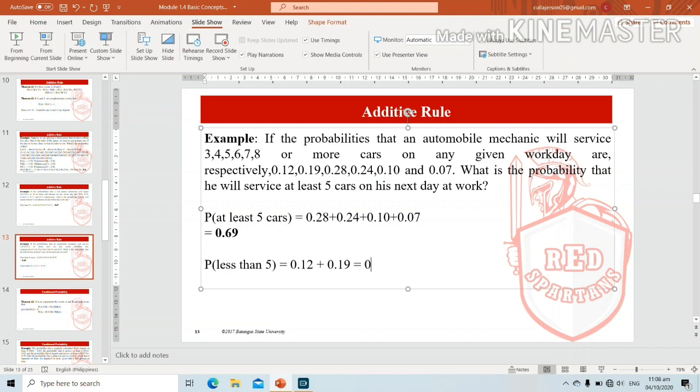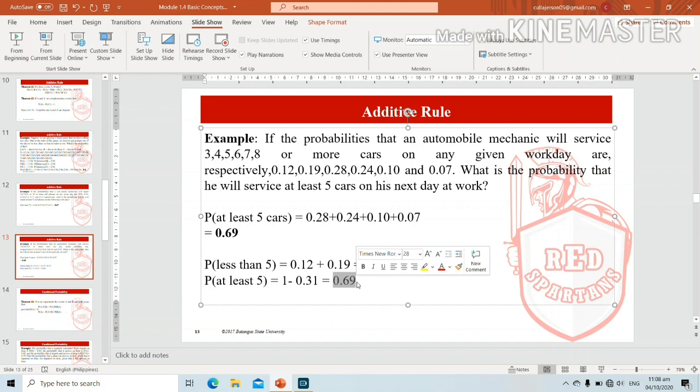So, equal yan sa 0.31. Then, kunin lang natin yung complement. Probability ng at least 5 is equal to 1 minus 0.31. Siyempre, equal din yan sa 0.69. So, same lang naman, pero mas madali yung ganito, pag-addin mo na lang yung probability.